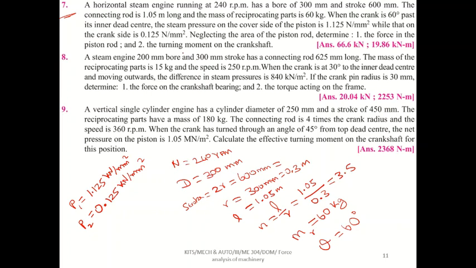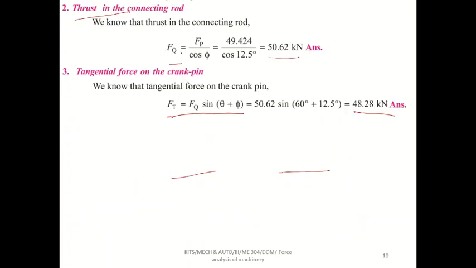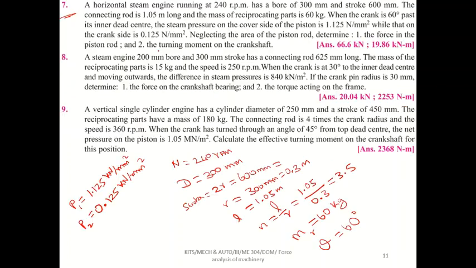What is the force in the piston rod? That is Fq. Thrust in the piston rod or force in the connecting rod, all are equal only. So you have to find the Fq value, and then you have to find the turning moment.